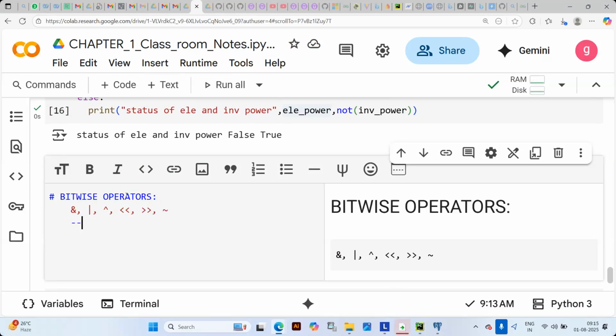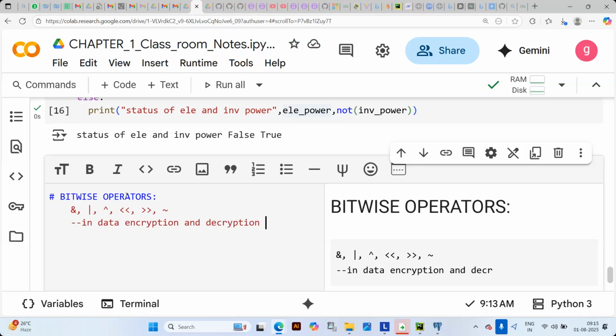See, basically, bitwise operators are not used in day-to-day life. They will be used in data encryption and decryption. Correct.